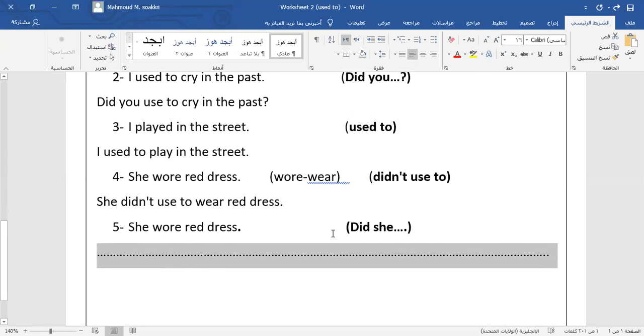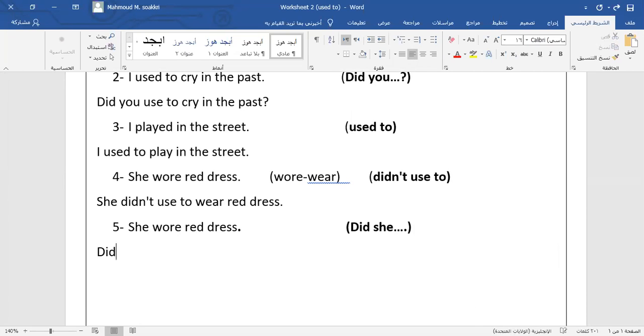She wore a red dress. Use did she. Did she wear red dress? Excellent, Yasin. Thank you. Now, students, we finished this revision on used to.